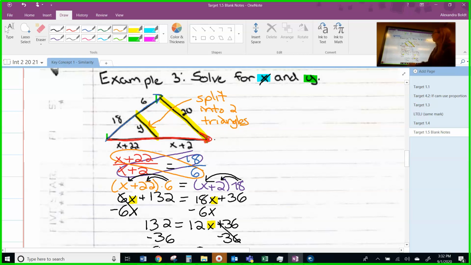Okay. So my baby triangle. We have 18, y, and this side is x plus 22.